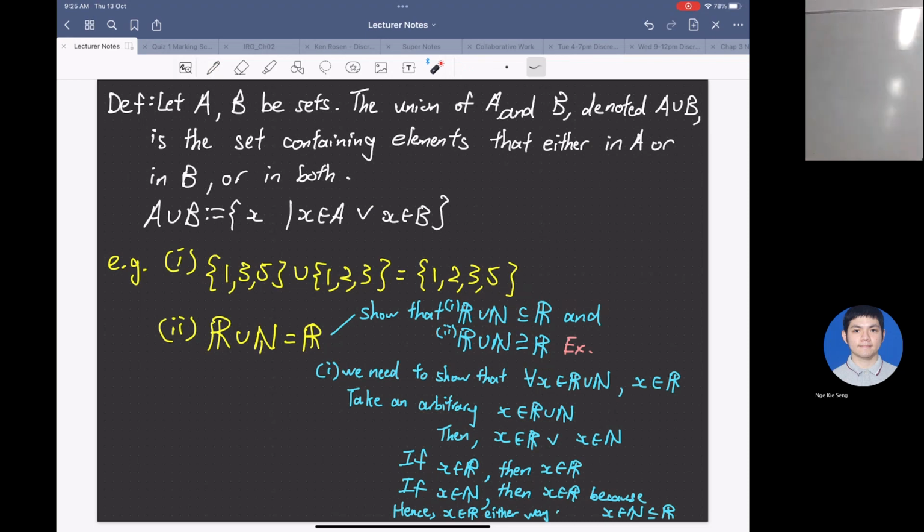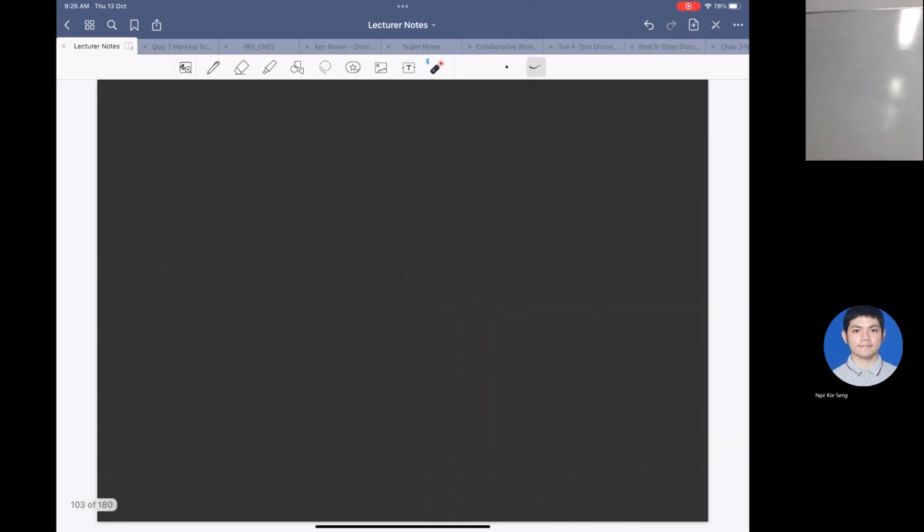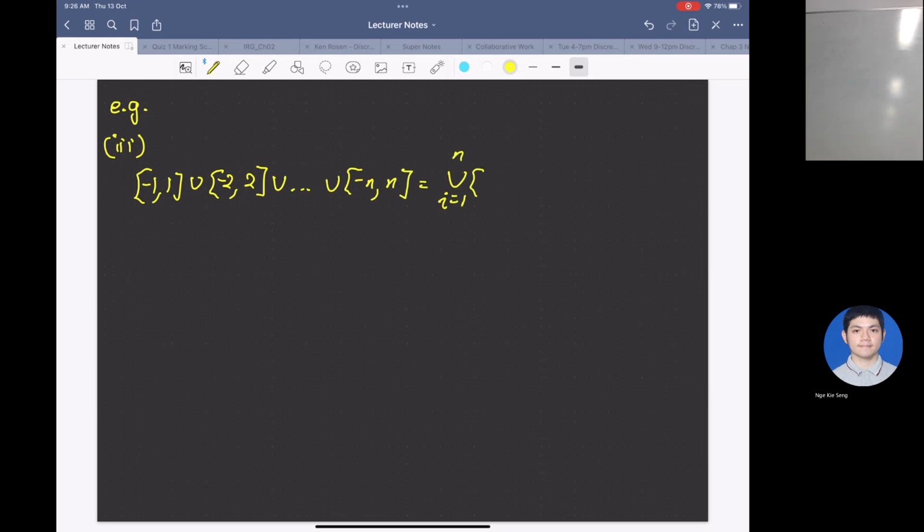This one will be interesting. So try to check this here. What time is it? Okay, 9:36. So let's look at the finite union of these closed intervals from minus i to i, which run from 1 to n, and also look at the infinite union of this kind of interval.